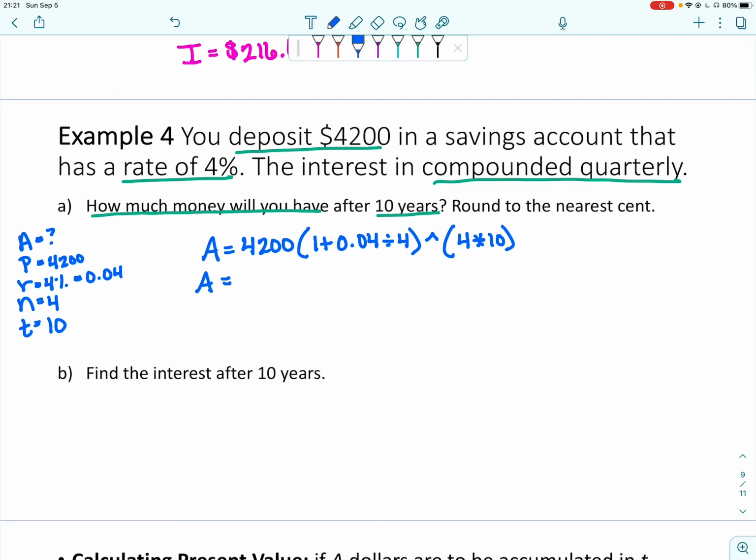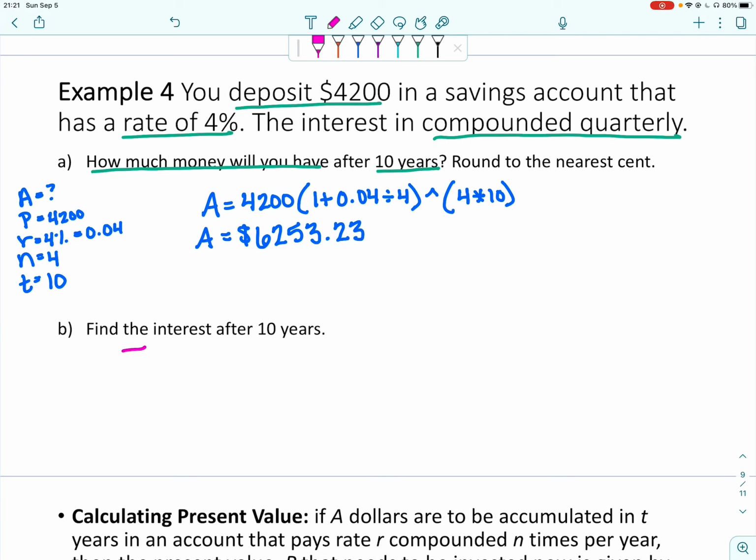Times 10 power. And for this one, we get $6,253.23. And our units are dollars, so making sure that there's a dollar sign on there.